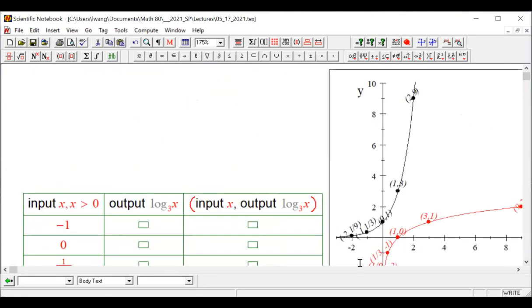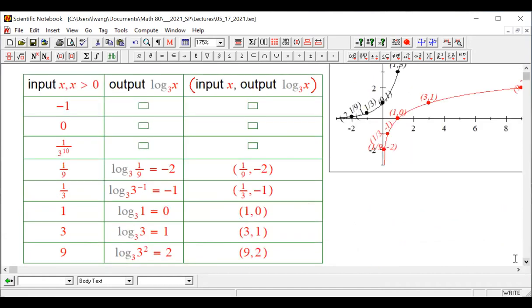Now let's look at log base 3 of x. When we go in this direction, when the input gets closer and closer to 0, the points get infinitely lower, getting very, very close to the y-axis, but never touching it.